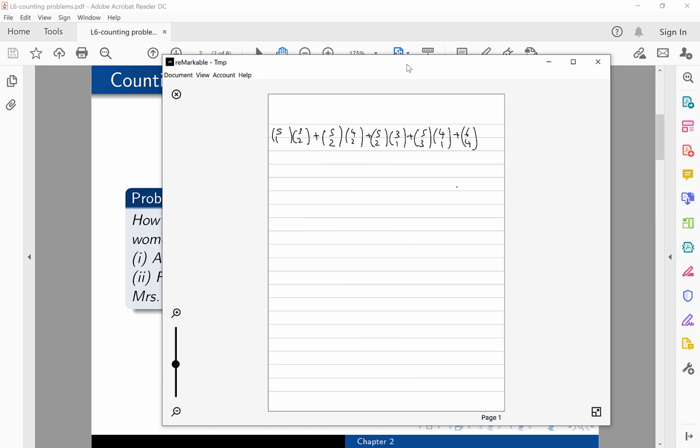All right, how do you simplify this? So 5 choose 1 is 5 factorial divided by 4 factorial times 1 factorial.